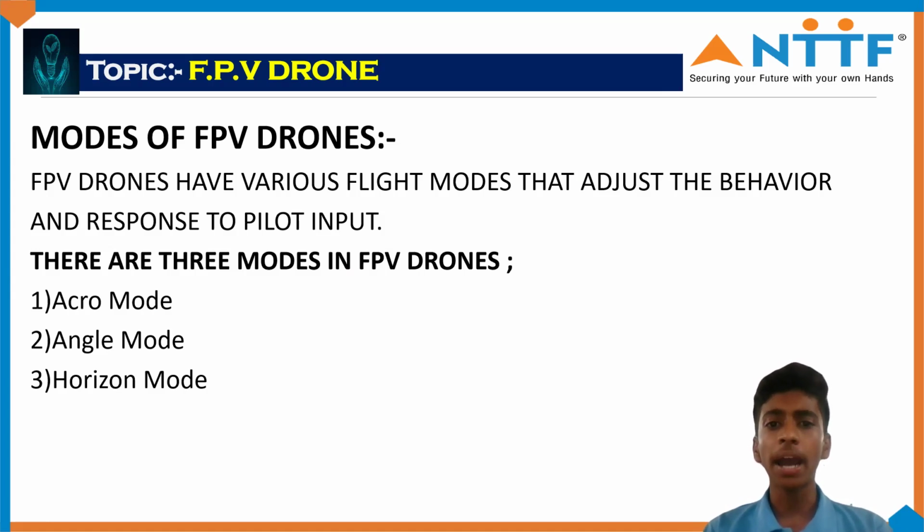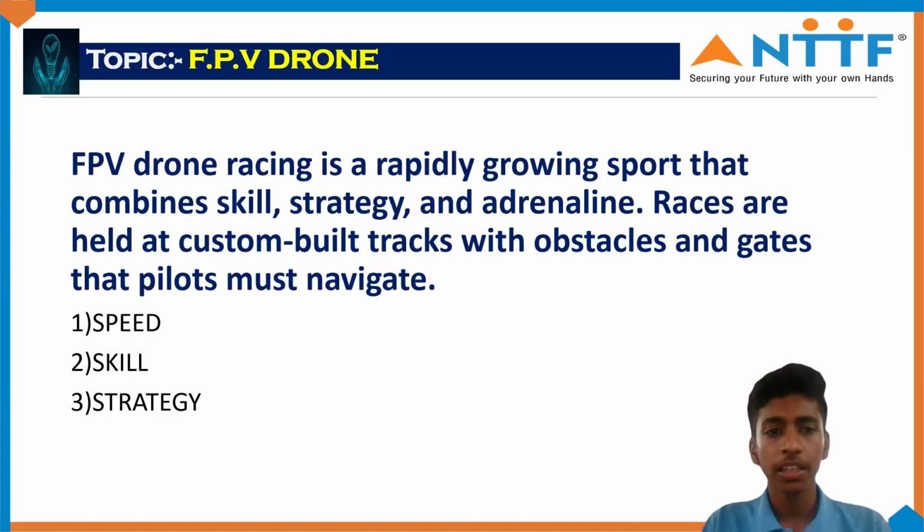So, the pilot gets a real time experience of operating the drone. In a basic drone we can see the whole drone and where it is flying, but in an FPV drone we can only follow the vision of the drone, which means that what the camera is seeing, we will also see the same thing only.